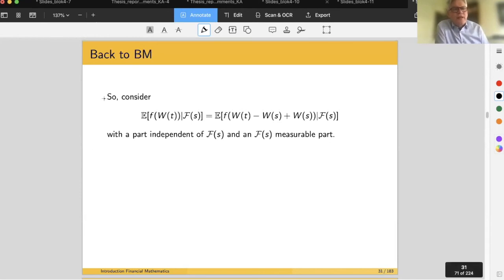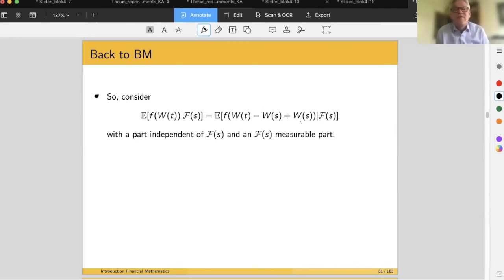So let's go back to Brownian motion and try to construct this. Let's consider this expectation that we are looking for in detail: the expectation of f, a function of W_t, given the filtration at s. As usual, within the function f, we add and subtract W_s. So this is nothing but the expected value of f with argument W_t minus W_s plus W_s.